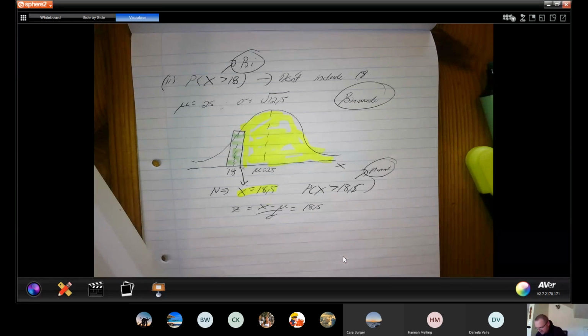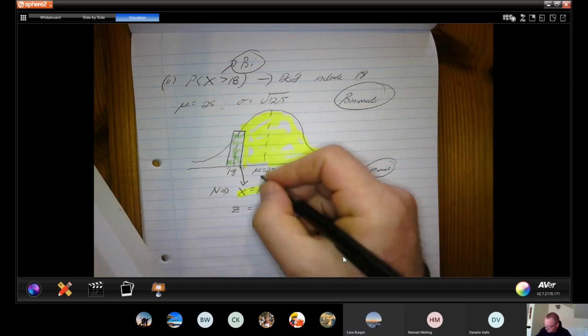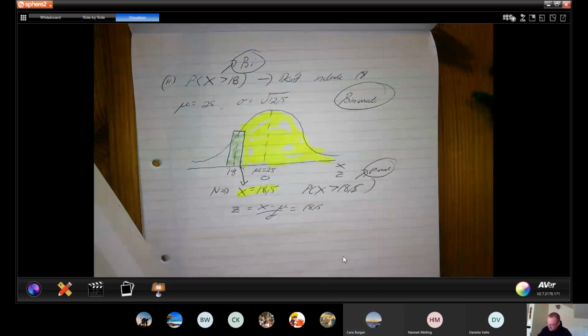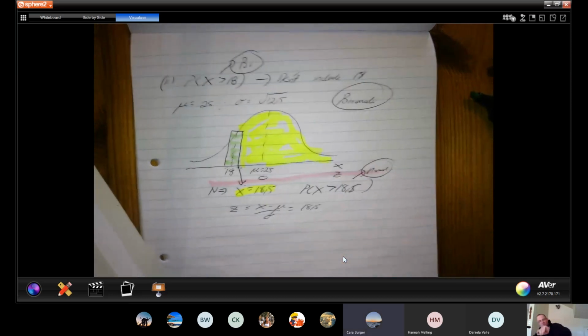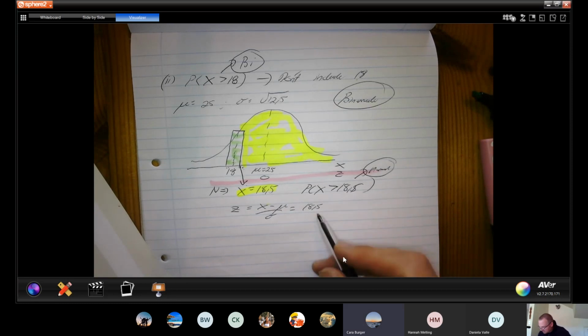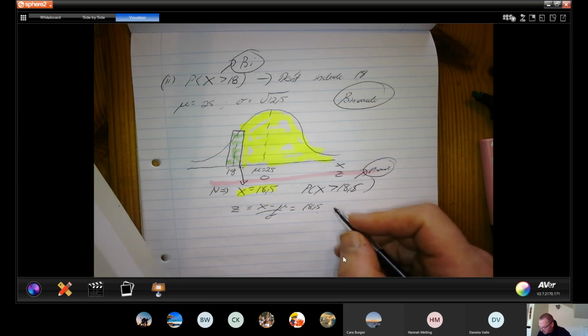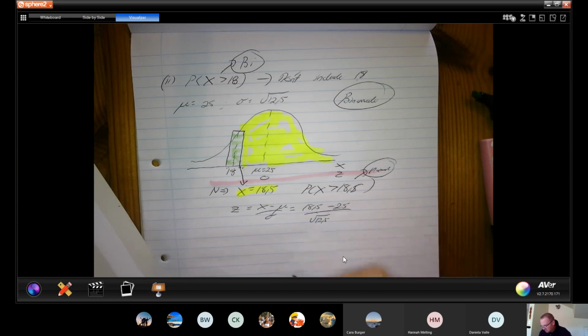And we should get a negative Z score because it's to the left of the mean, because we've got a Z score of 0 there. These things take a while, eh? So I've got Z is equal to 18,5 minus 25 over sigma, and sigma is the square root of 12,5.